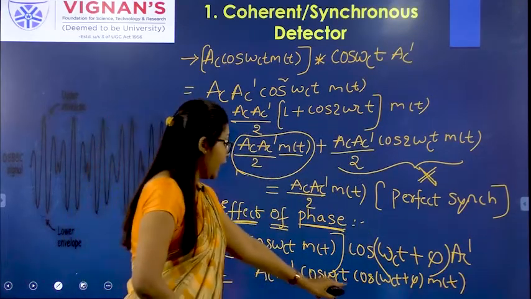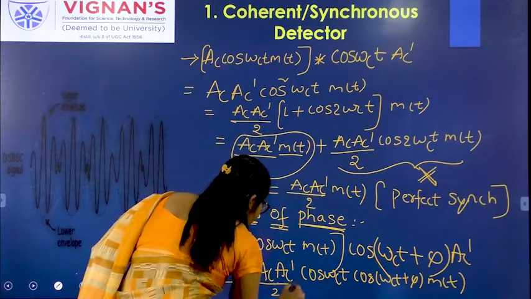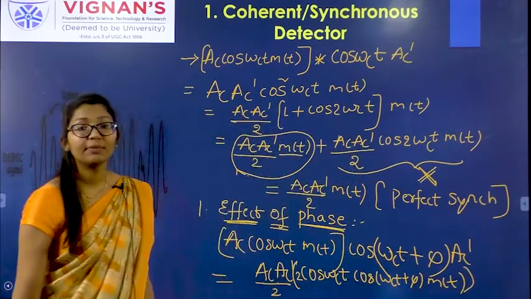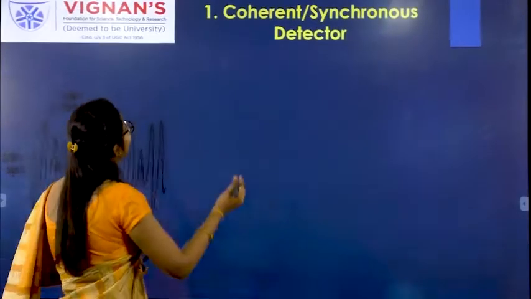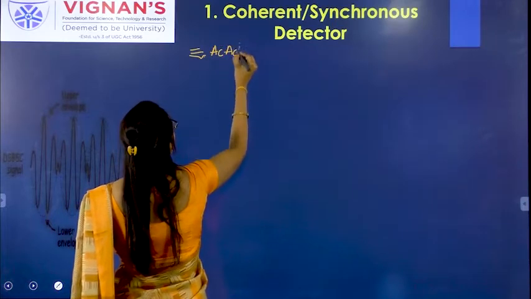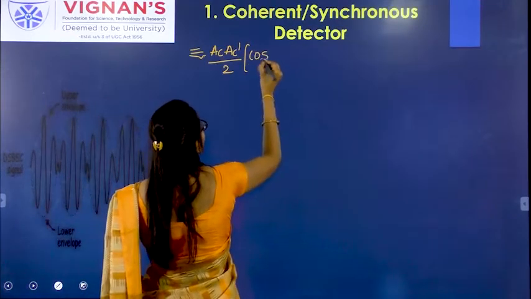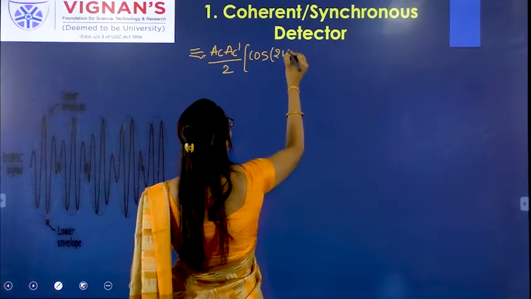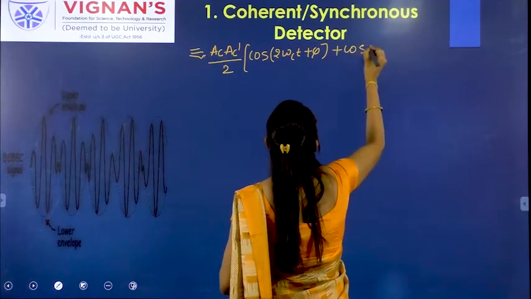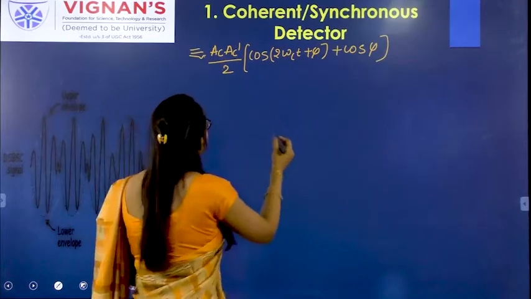So here I can write 2 cos A cos B, right? So just multiply and divide it by 2. 2 cos A cos B means cos of A plus B plus cos of A minus B. That means cos of 2 omega ct plus phi, plus cos phi. So in cos of A minus B, omega ct will get cancelled, only cos phi will be present.